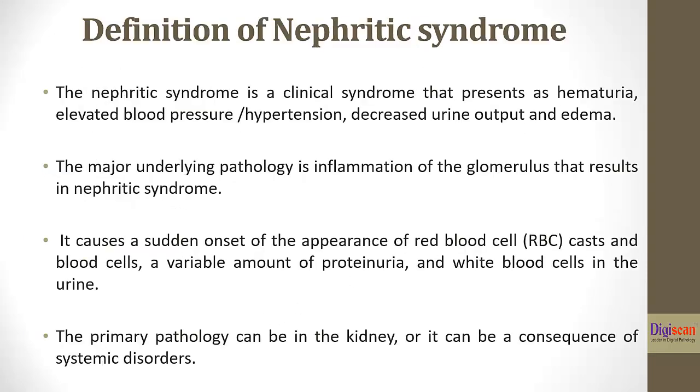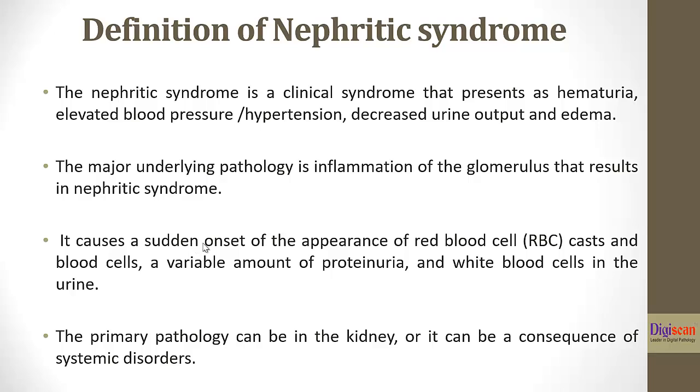Now, the definition of nephritic syndrome. The nephritic syndrome is a clinical syndrome that presents as hematuria, elevated blood pressure or hypertension, decreased urine output, and edema. The major underlying pathology is inflammation of the glomerulus that results in nephritic syndrome.